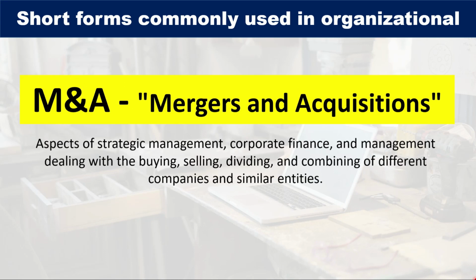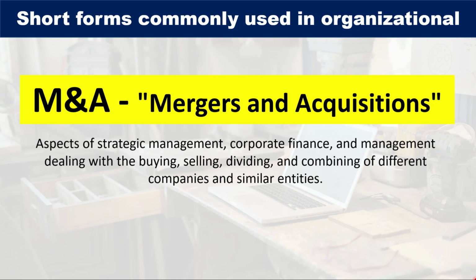Then M&A means merger and acquisition. In the aspect of strategic management, corporate or finance management, it means dealing with the buying, selling, dividing and combining of different companies and similar entities.